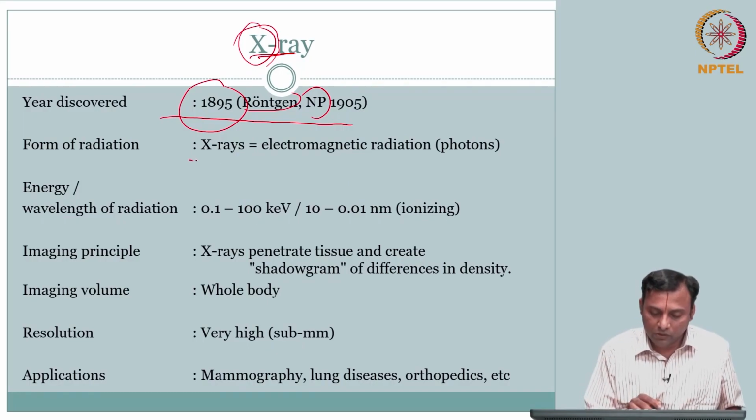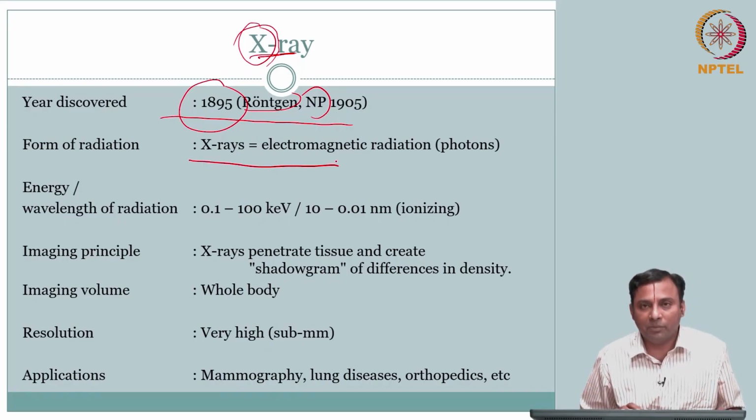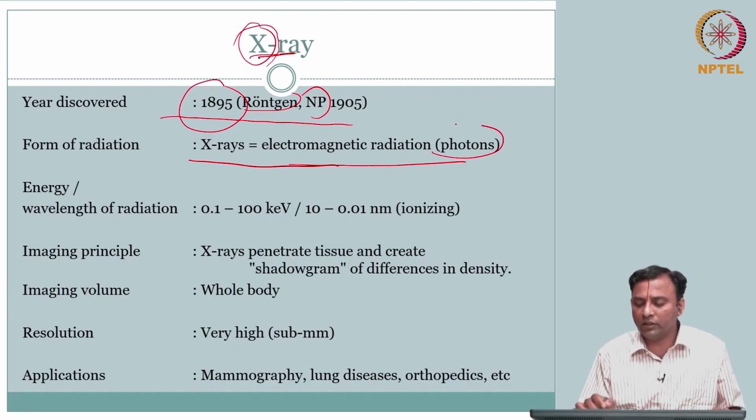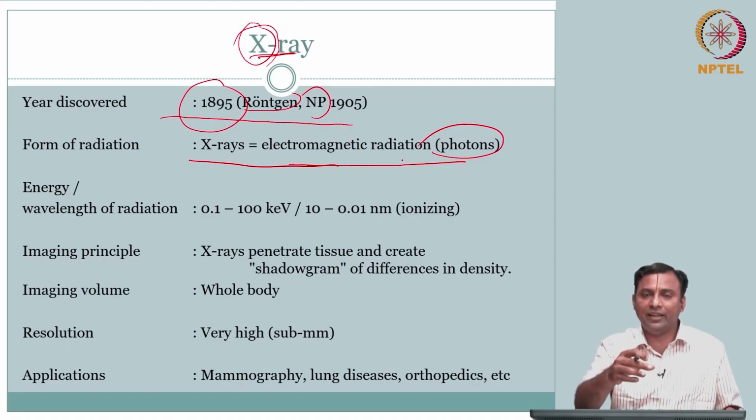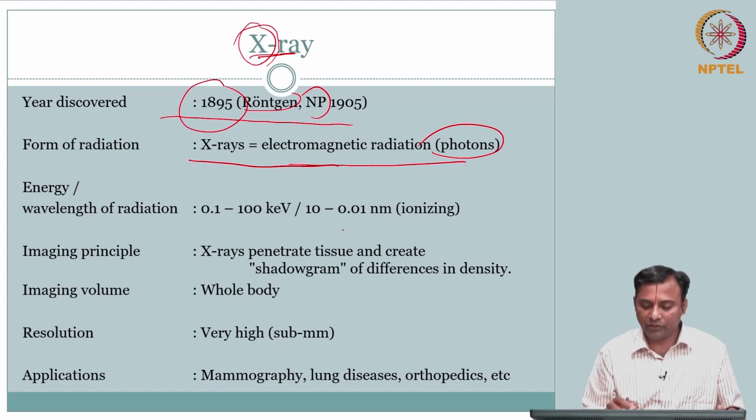Okay, so X-rays, we saw the electromagnetic spectrum in the previous slides. So this is X-rays, it's electromagnetic radiation, we call this, right. The radiation travels in the form of packets of energy, which they call photons, right. So you send a packet of energy. When they say X-ray, what they mean is they are sending energy packets. The energy is in the X-ray range, right.